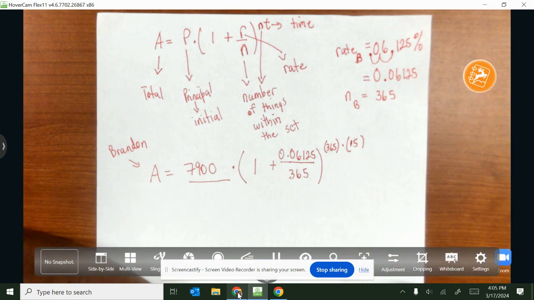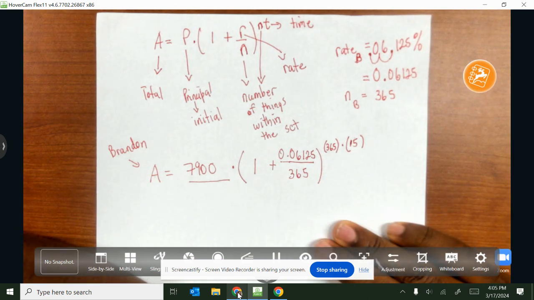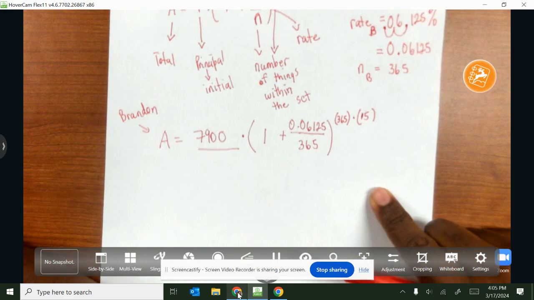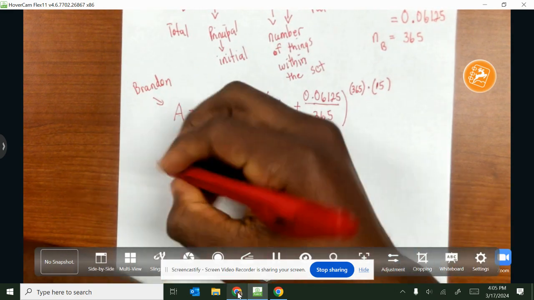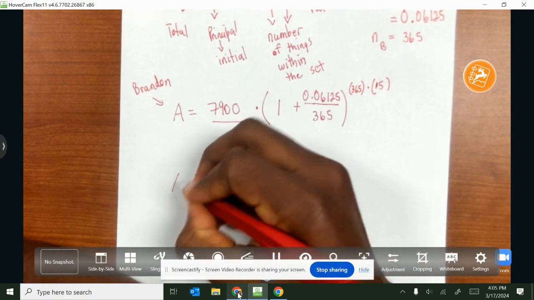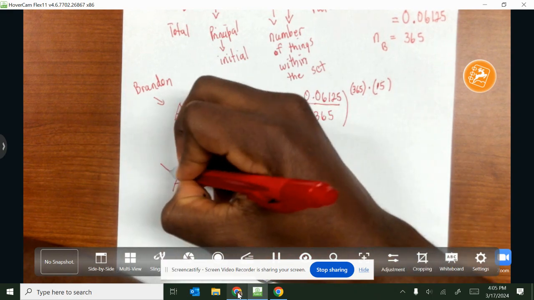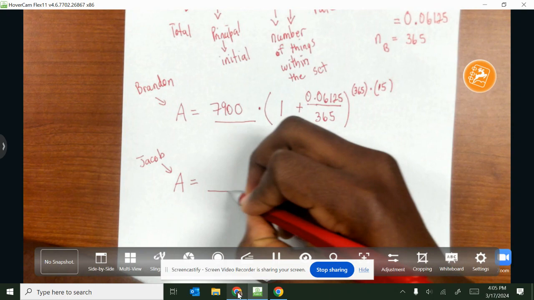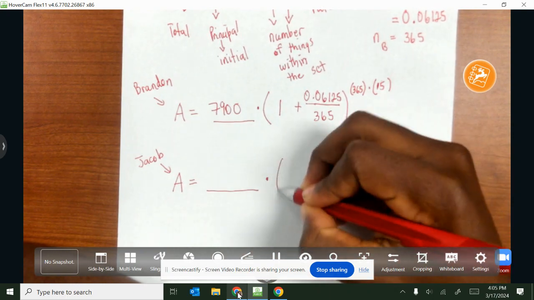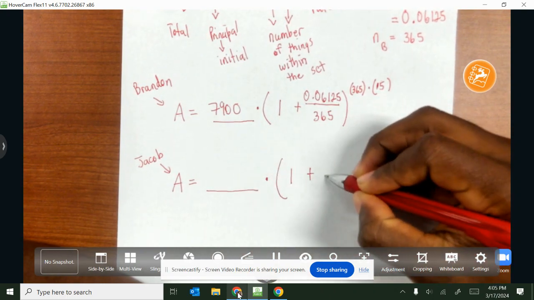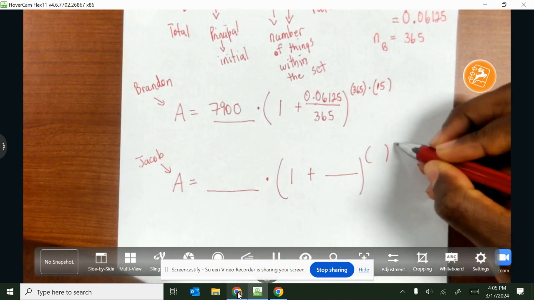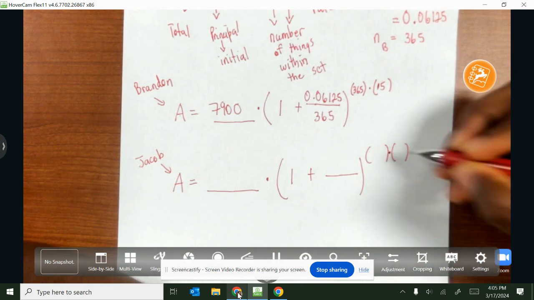All right. And then all I would do now, guys, is plug this into my calculator. Before I plug this in, I'm going to set up for Jacob. We're going to do this exact same thing for Jacob: some initial being multiplied by parentheses 1 plus some rate over some N, and then some N times some time.